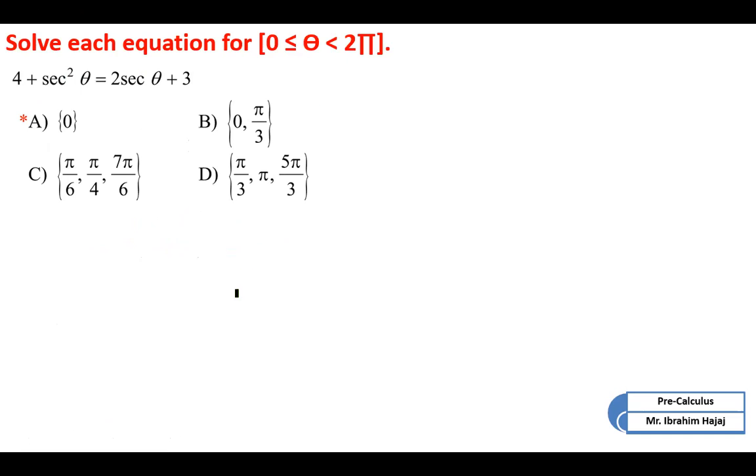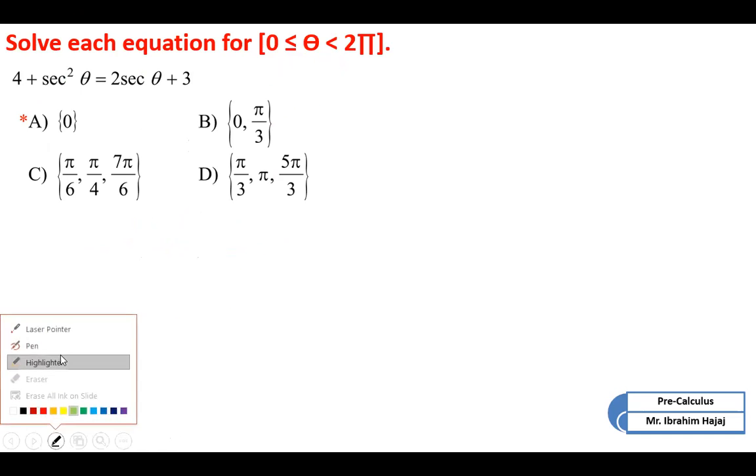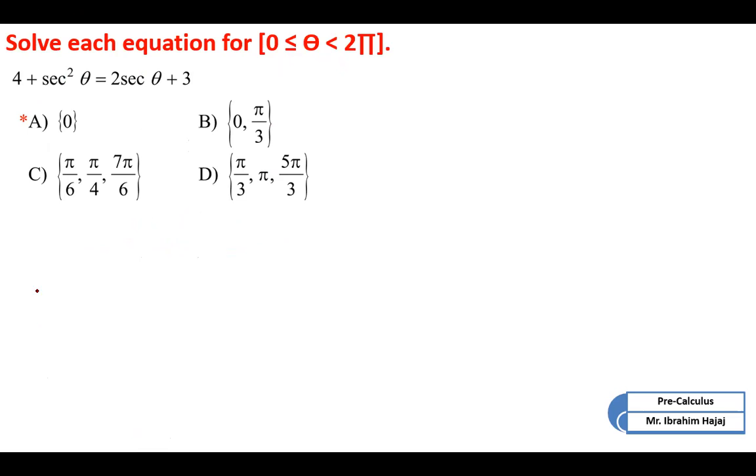Solve each equation, and your domain is between 0 and 2 pi. To solve this equation, 4 plus secant squared theta equals 2 sine theta plus 3. Let's combine all theta in one side.